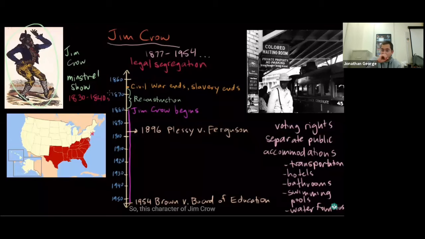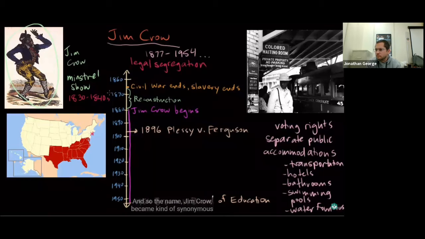So this character of Jim Crow was supposed to be the stupid slave who lived on the plantation. And this character was almost always played by a white man wearing black makeup on his face. So it was not an actual African-American person, but rather a caricature of an African-American person by a white man who was part of a minstrel troupe.